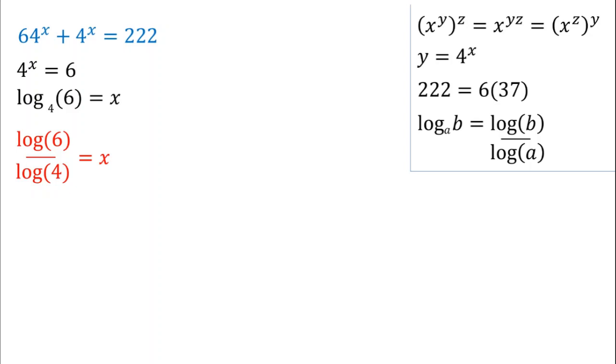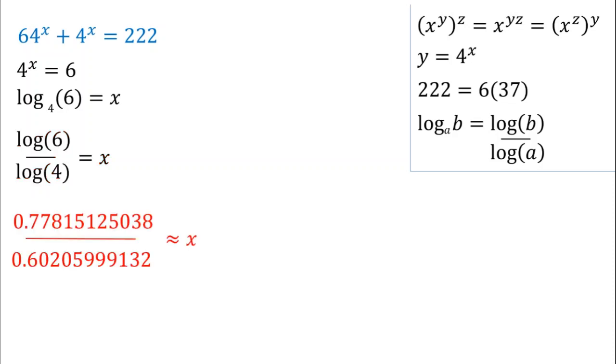However, it's not written in a form which may be easily manipulatable or easy to verify and double check that our solution works. Since the log of 6 and the log of 4 are both irrational numbers and the decimals go on forever, when we want to convert this to a decimal to verify our solution, we're going to lose a little bit of precision.